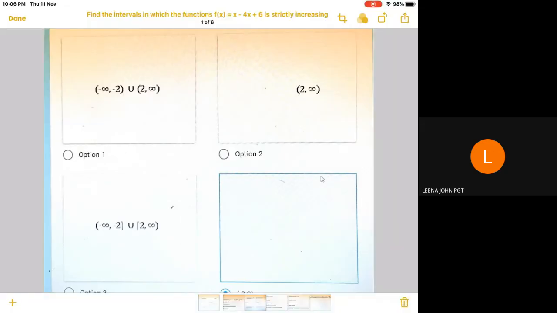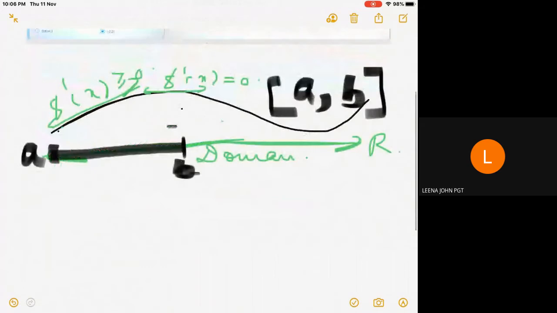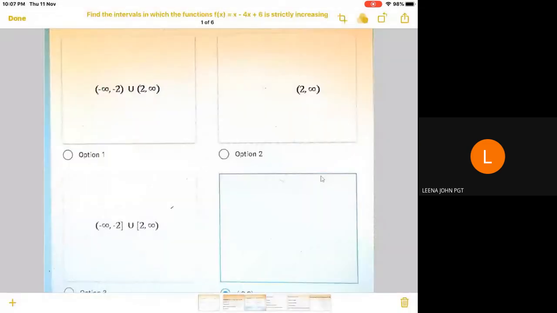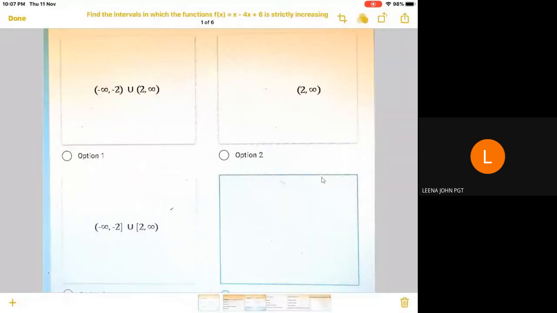So first, you write the function f of x, which is equal to x square minus 4x plus 6.